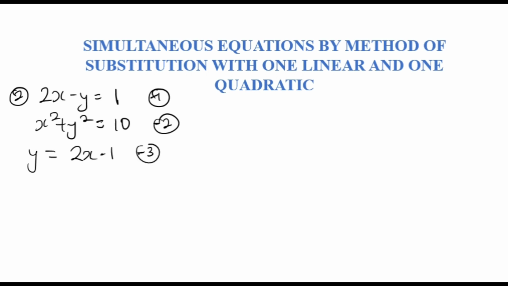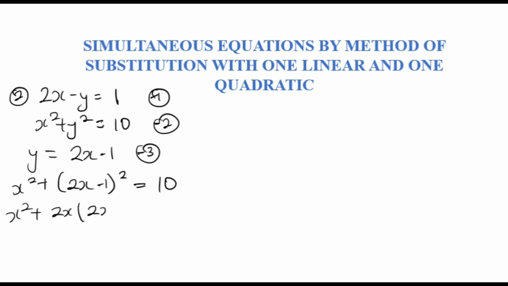Let's call it equation 3. Let's insert equation 3 into equation 2. Hence, we have x squared plus 2x minus 1 all squared equals 10. So we have x squared plus 2x minus 1 into bracket 2x minus 1 equals 10.